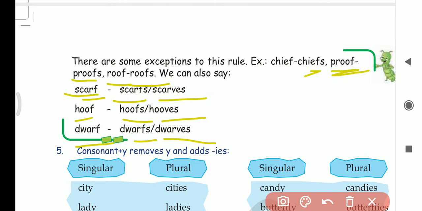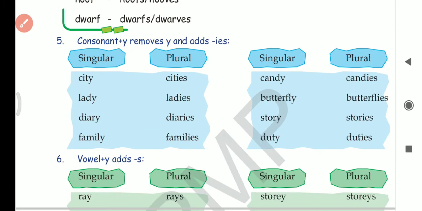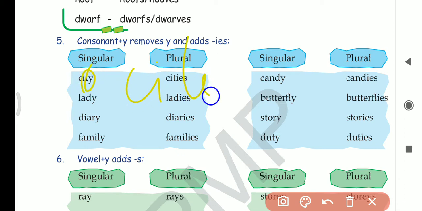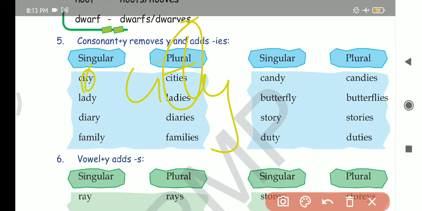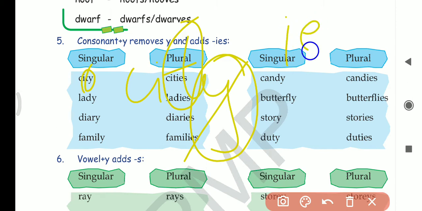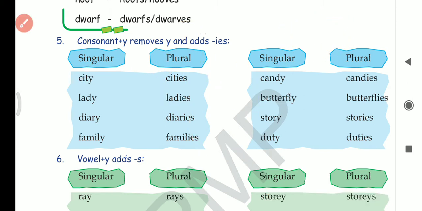Okay, now the next one, the fifth rule. Consonant plus y removes y and adds ies. अब वैसे consonants जहाँ पे y होते हैं, okay? For example, city. See, t is consonant, c-i-t-y. T is consonant and it is ending with y. So what you have to do? You have to remove y and add ies to it to make it plural.